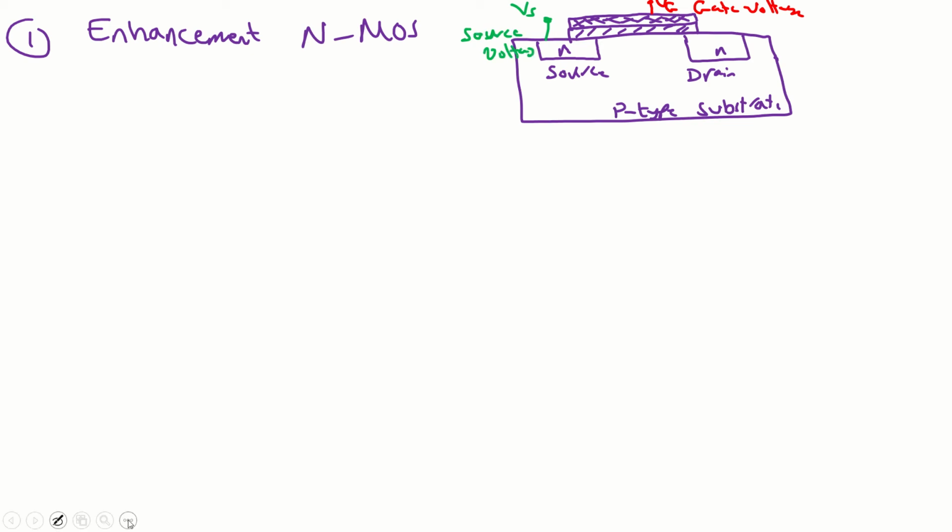And then at the drain we have VD, which is called the drain voltage. We have one more voltage, to be honest, which is called the bulk voltage, or the substrate voltage.